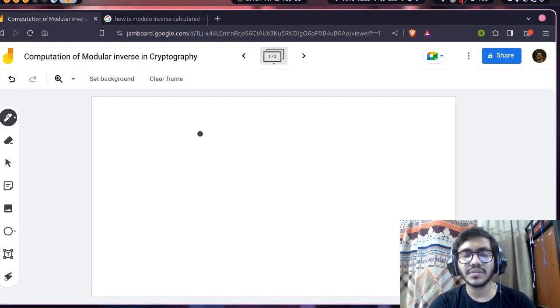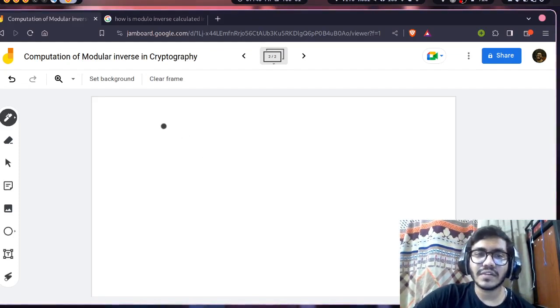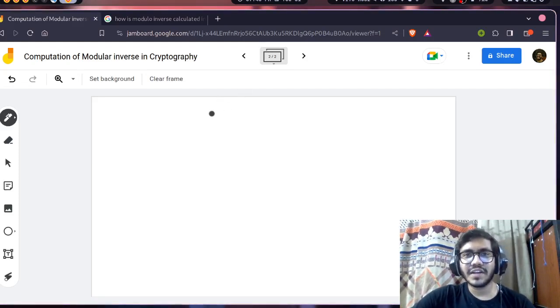Computers don't use extended Euclidean theorem due to some security issues. Plus, it is computationally a little complex to implement. So today I'll be talking about a new way to calculate modulo inverse in computers, which is very widely used in cryptography as well as in a lot of hashing techniques.